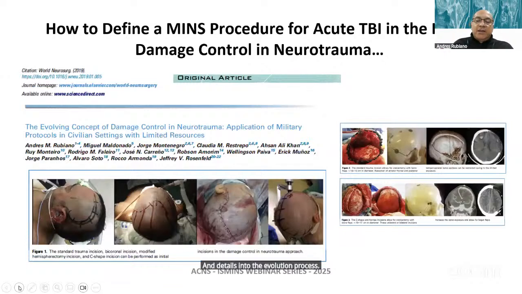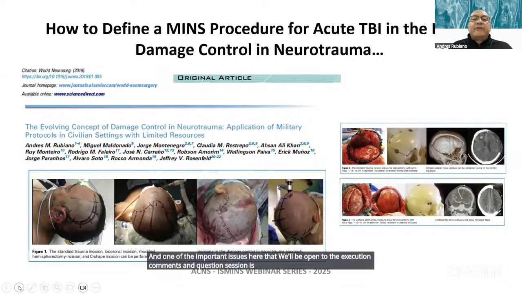And one of the important issues here that will be open to discussion in the comments and question session is how to define a minimally invasive neurosurgical procedure in acute TBI, especially in the area of damage control in neurotrauma.